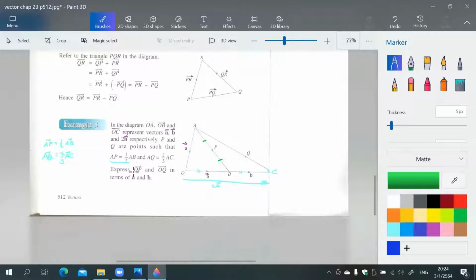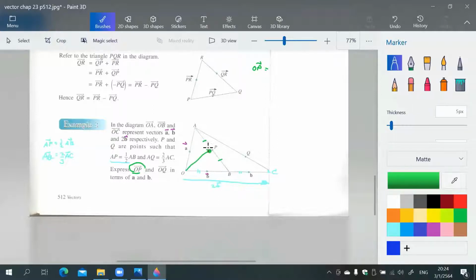Now we start to work on OP. So you see vector OP, then we can draw the line OP. We can use the triangle AOP or POB, because we have the data of OA and OB.